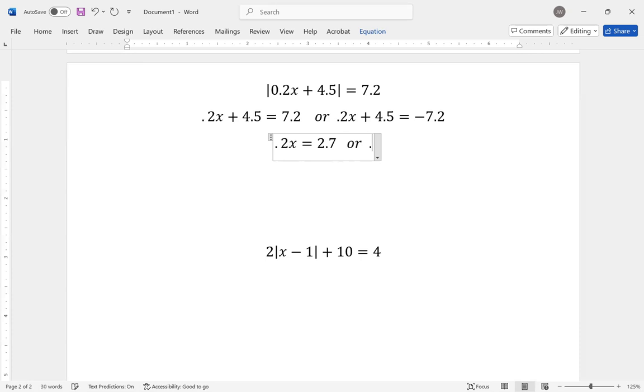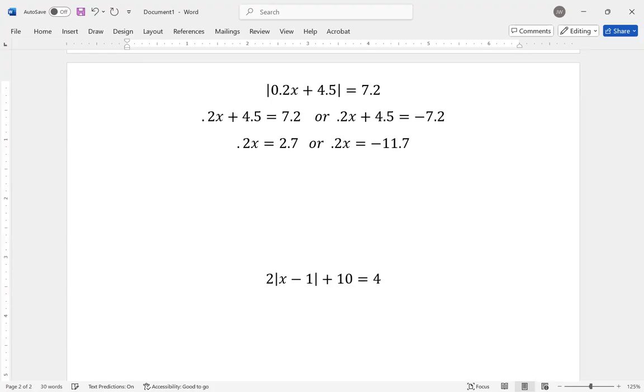So 0.2x is equal to negative 11.7. Now I simply divide each number by 0.2. 2.7 divided by 0.2 is 13.5.